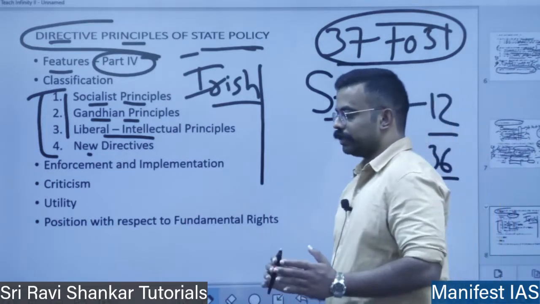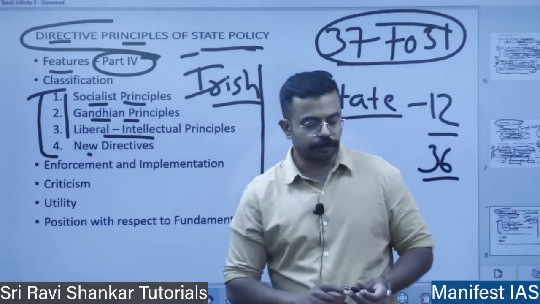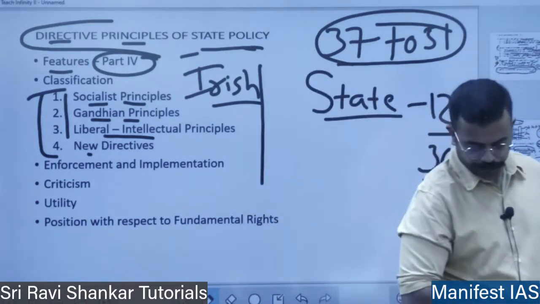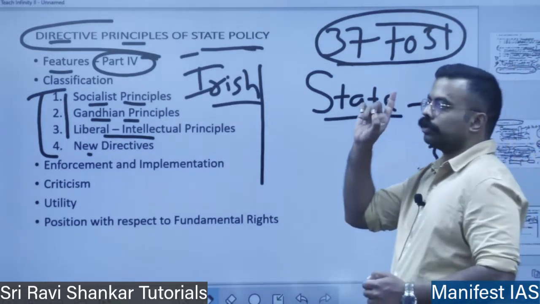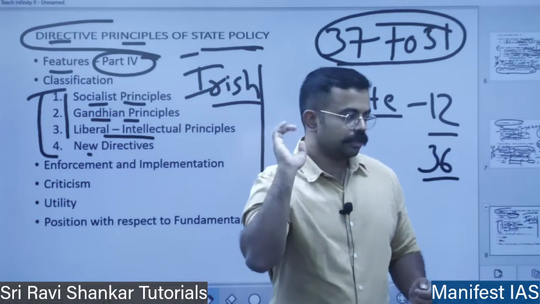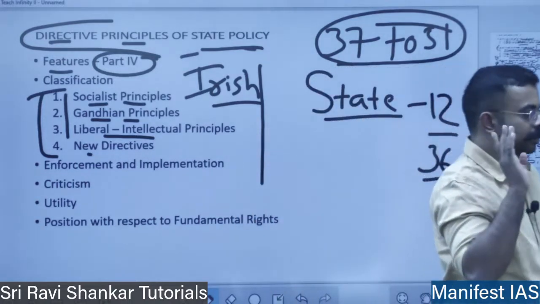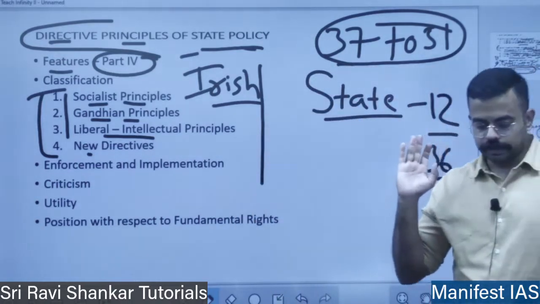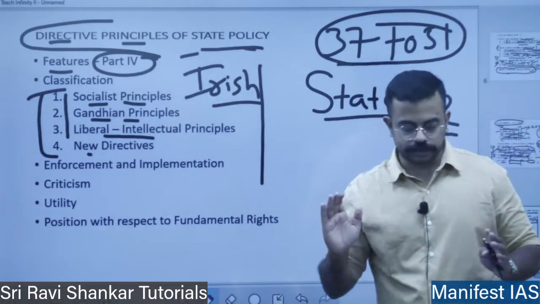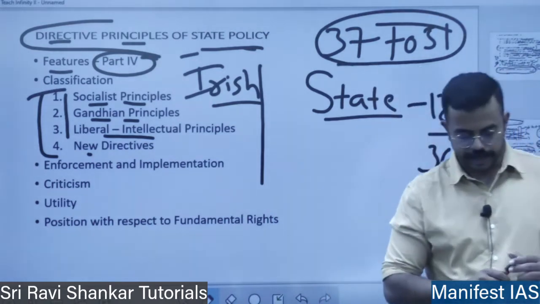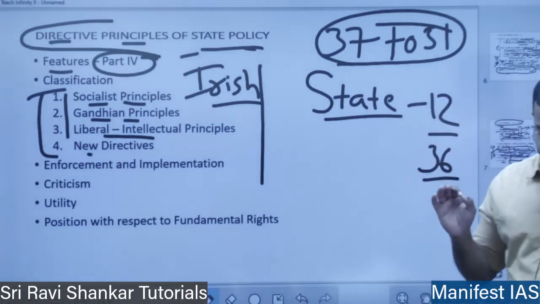Such a big thing, I will make it simple for you. The first part is to promote social order. The government has to promote order in the society. That is the first directive under Article 38.